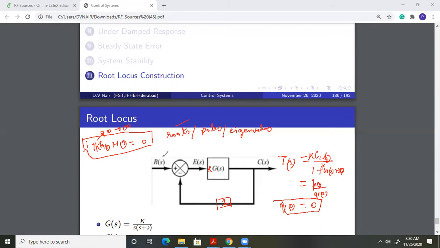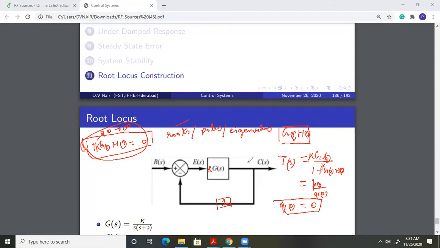The significance of this method, root locus, can be understood when we see that these roots of the characteristic equation are obtained only from information on the open loop transfer function G S H S. This is the power of the technique, the beauty of the technique that Evans developed, which we call the root locus technique.